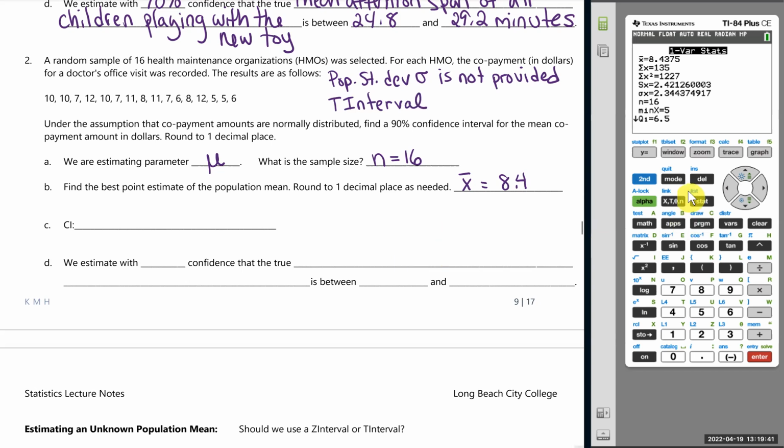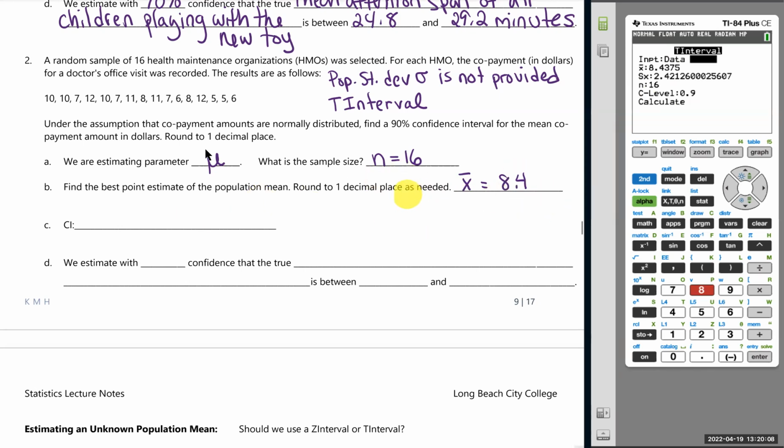When you go to your t interval in the stat tests, number 8, we're not going to enter x bar and S. But you can see right now on my calculator, because I just did 1-Var Stats, the calculator put those numbers in anyway.